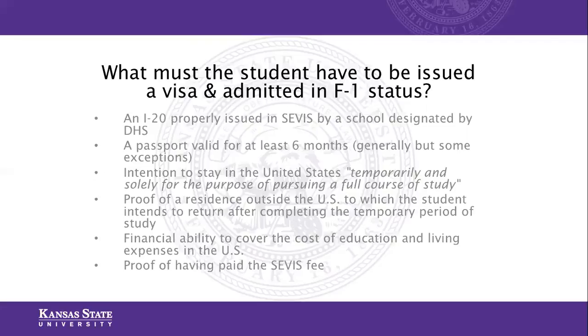If you have documents, as I mentioned, or even just a verbal statement of your intentions to return home and why the study will benefit you, just be prepared for that question, and don't necessarily bring it up unless they ask you. I do still recommend having the financial documents with you that match your I-20, and again, carrying that SEVIS fee receipt that you had paid already before the visa interview, and you had printed out the receipt.